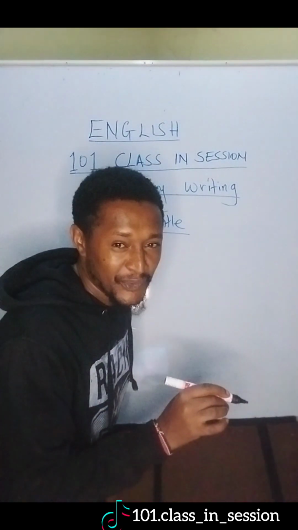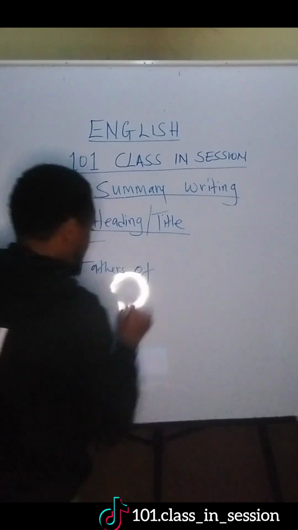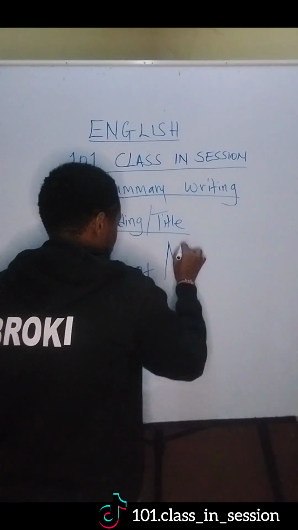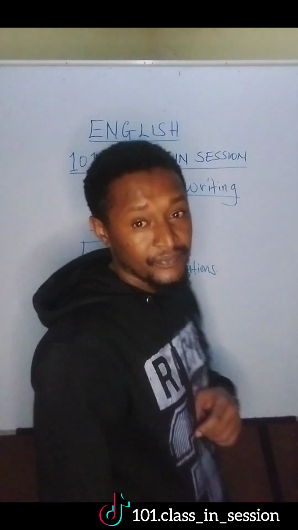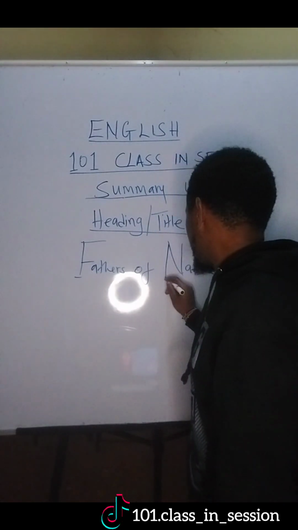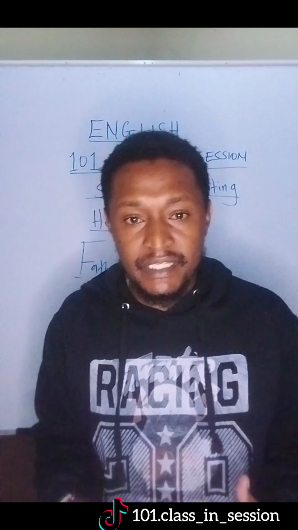Then of, which is a preposition, is written with a small letter O and a small letter F. And then when you come to nations, it is written in capital letter. That is nations.